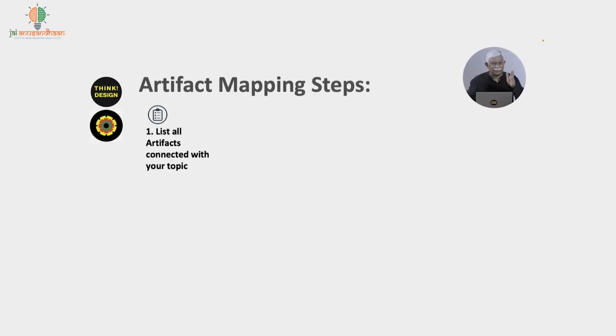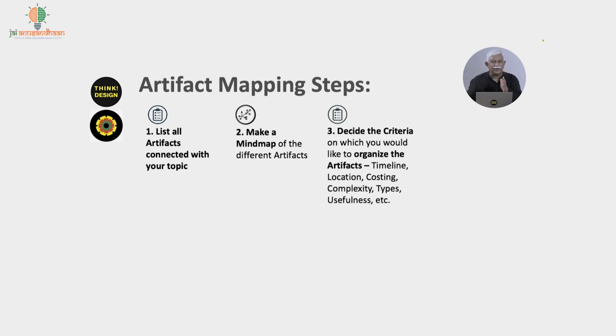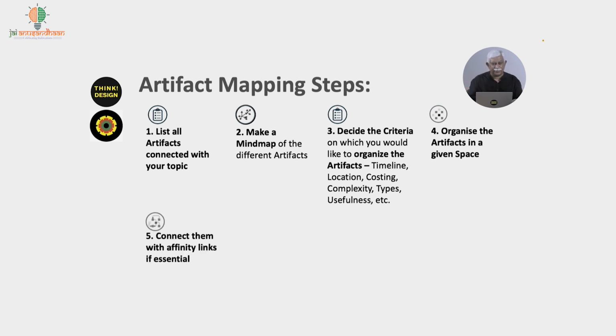If you look at the steps: list all the artifacts connected with your topic, make a mind map of the different artifacts, and decide the criteria on which you want to organize these artifacts, whether it's going to be a timeline or a location or costing, complexity, types, usefulness, etc. You organize these in the given space, connect them with links if it's essential, and draw inferences from these mappings.